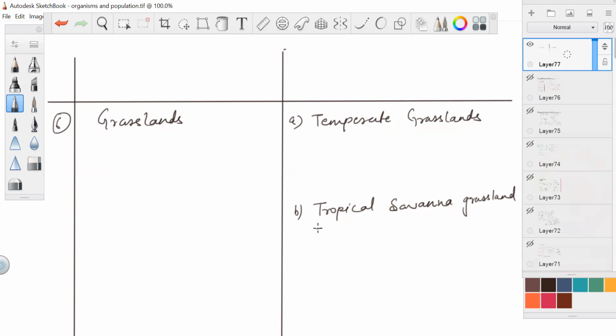This means they have grass with scattered trees. Grasslands are a treeless biome.